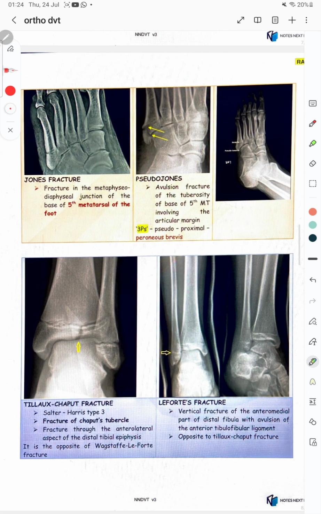Then we have Jones fracture, fracture in the metaphyseal-diaphyseal junction of the base of the fifth metatarsal of the foot. Okay. Then Pseudo-Jones avulsion fracture of the tuberosity of the base of the fifth metatarsal involving the articular margin. 3P: pseudo, proximal, peroneus brevis.